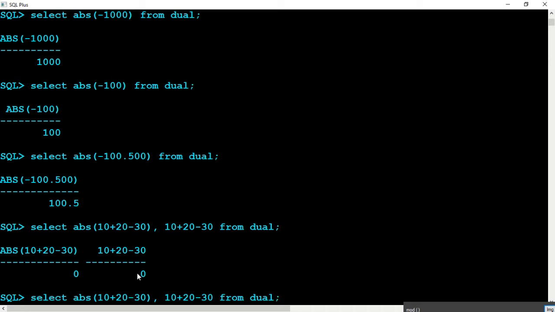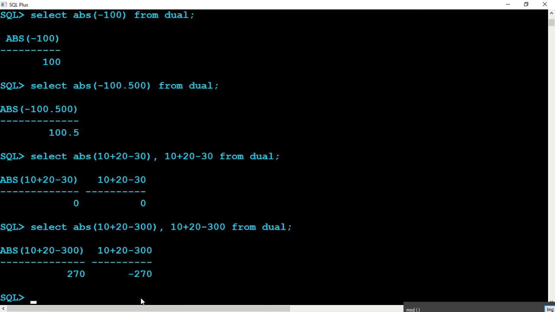Suppose I say 300 here, it will be 300. The outputs were -20 and -270, but since they are negative, it will give you the positive value, always the positive value, whether it is positive or negative.